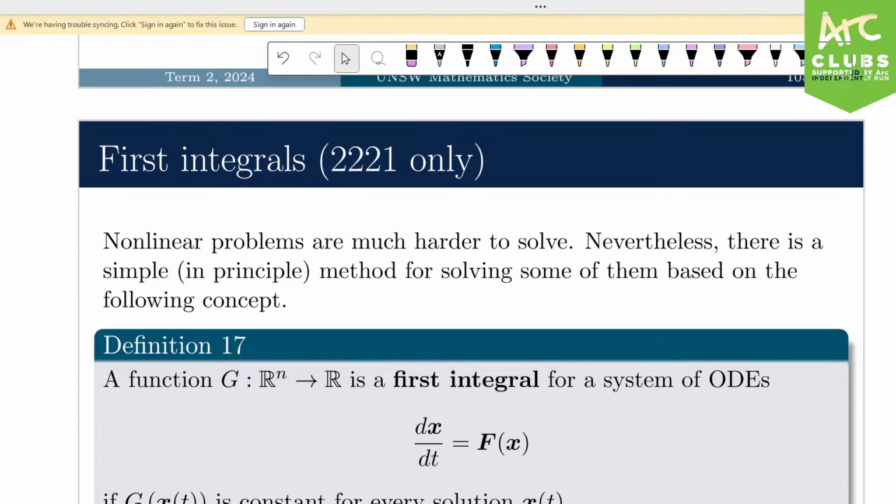Okay, so if we've got a function g from R to R, we claim that this is a first integral for the ODE if g is constant for every solution. Geometrically, we can say it's a first integral if the gradient of g is perpendicular to f for all x.